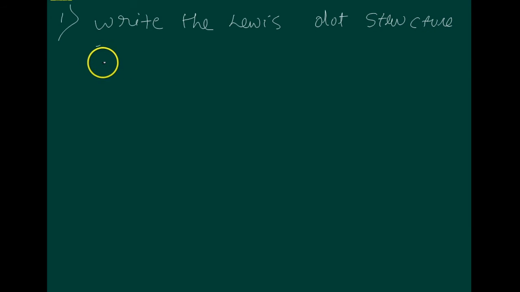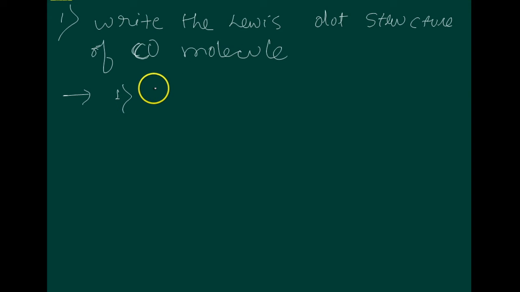Next, one problem we can solve based on this: write the Lewis dot structure of the CO molecule. Step 1: count the total number of valence electrons of carbon and oxygen.